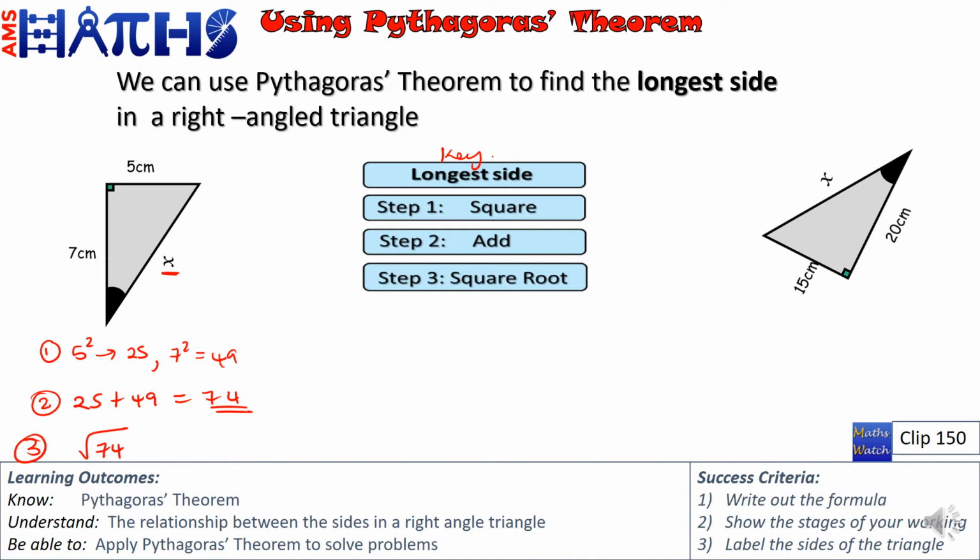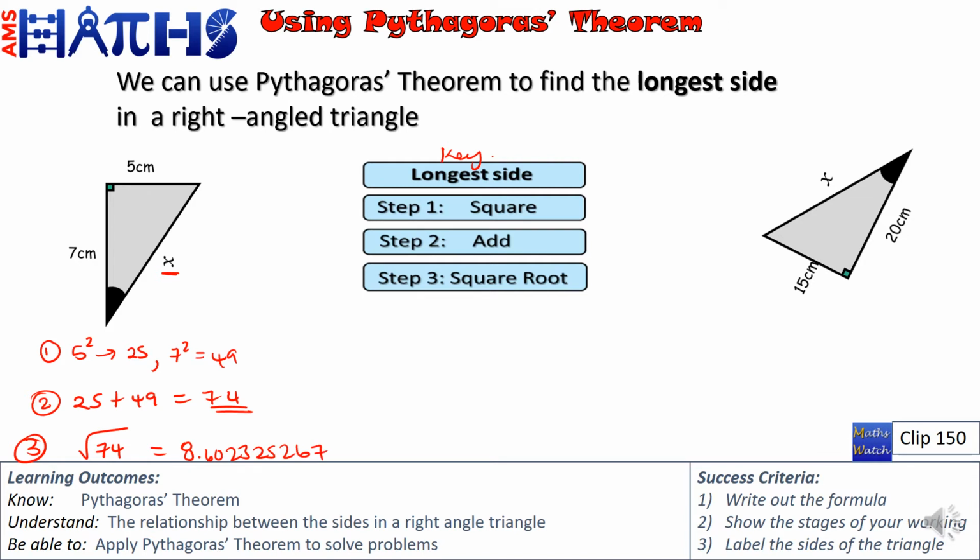The square root of 74 is 8.602325267. So we're going to give our answer to 2 decimal places. This is what I got on the calculator: 8.602325.